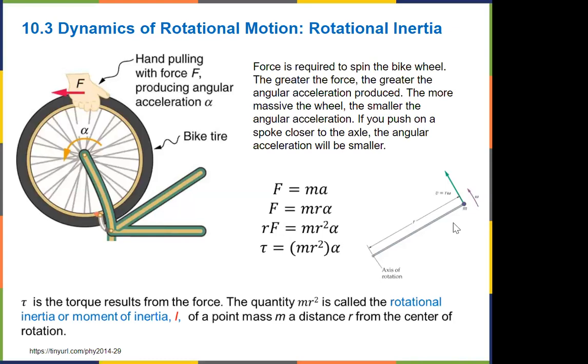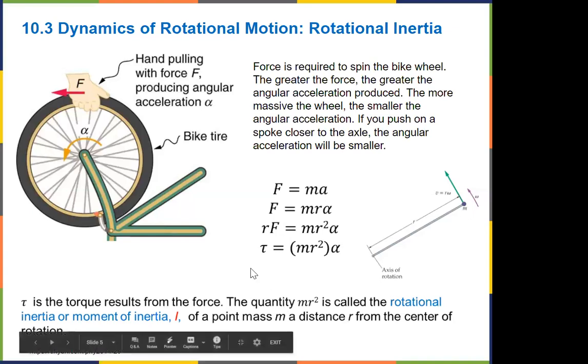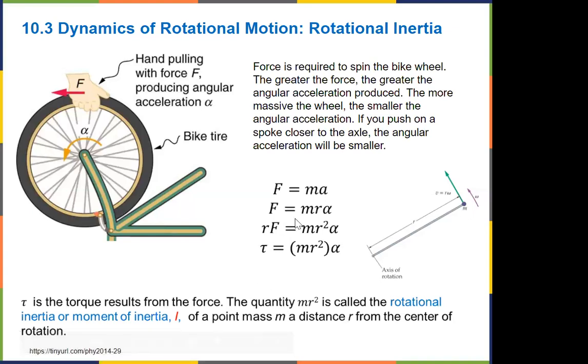If you have a point mass like this one over here, then on the left-hand side, r times F, if r and F are perpendicular to each other, is the torque. On the right-hand side, you have m r squared times alpha. So you have the angular acceleration, and in front of it a term m r squared.